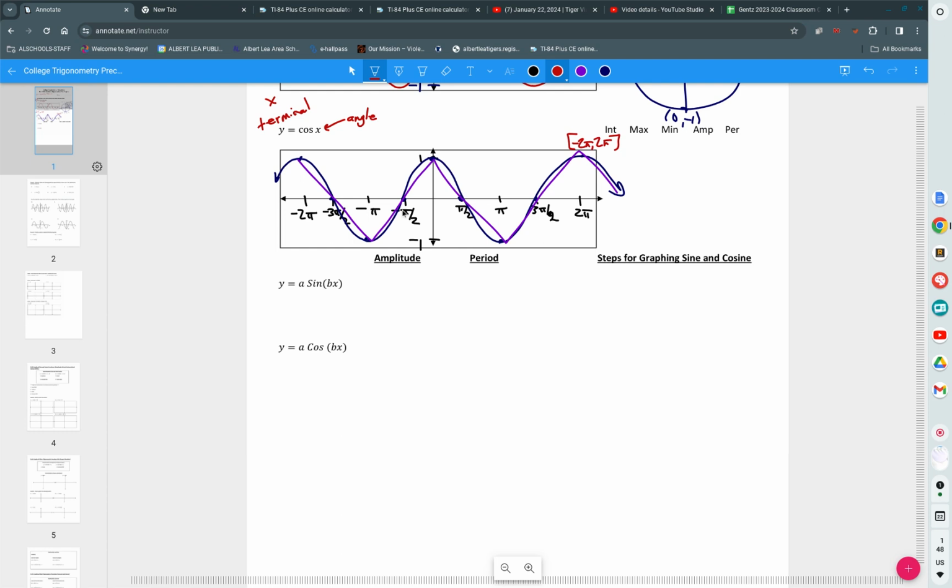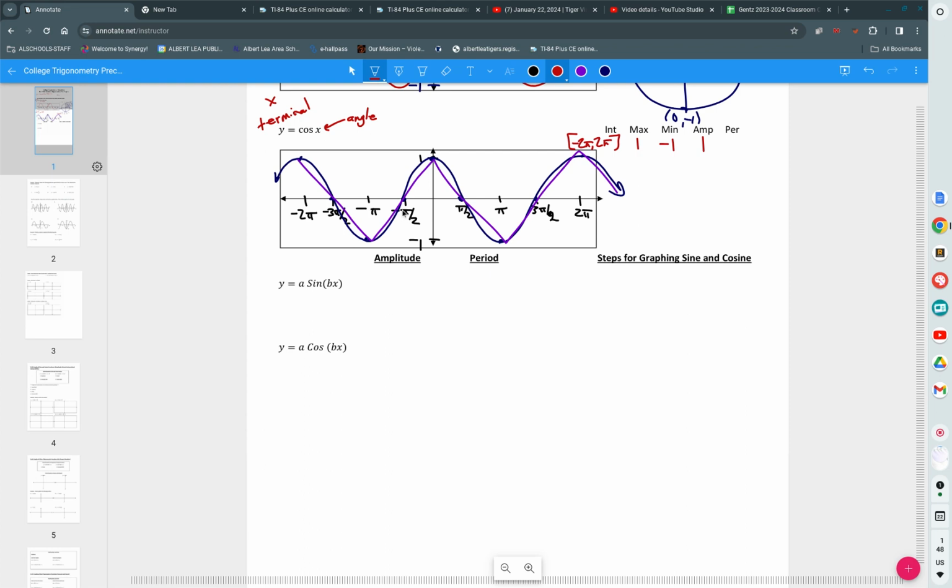What is the minimal value? -1. The amplitude is the distance from the middle to the top or the middle to the bottom. What is that distance? 1 unit. So the total distance from top to bottom is 2, but the amplitude is half of that, okay?